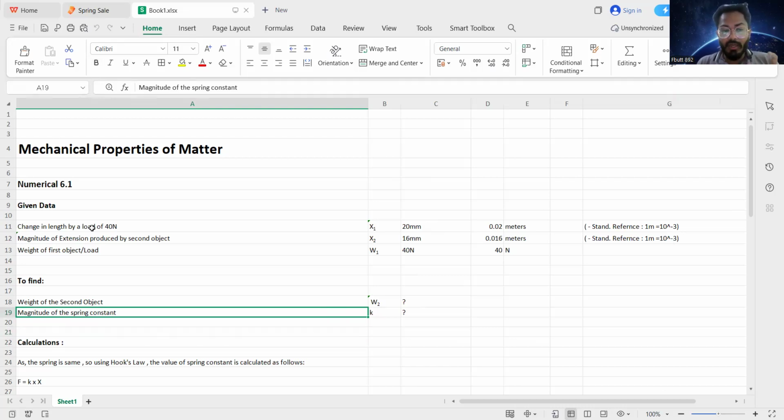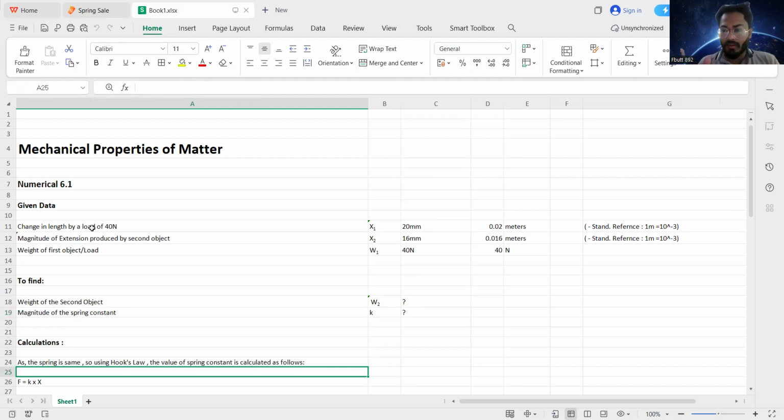So to calculate the magnitude of the spring constant, there is a particular relationship which was derived by a particular scientist, and that mathematical relationship is Hooke's law. There are two particular scenarios in that situation.